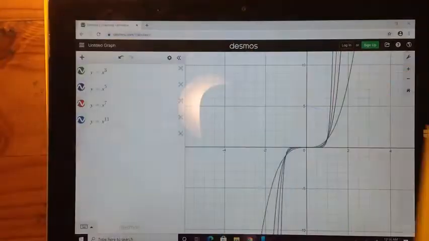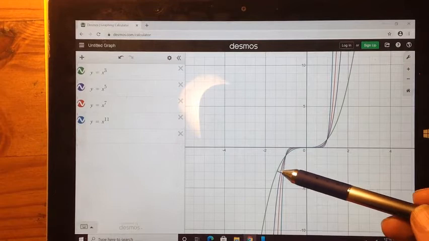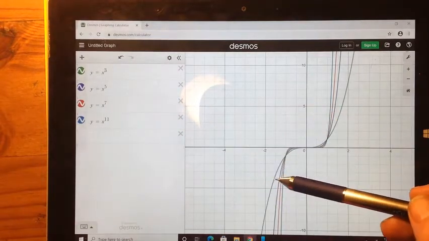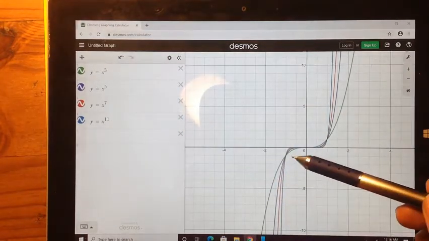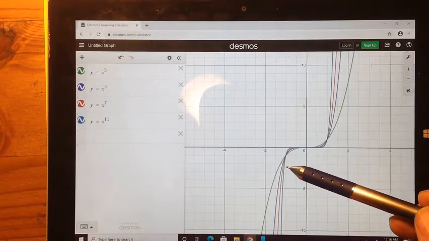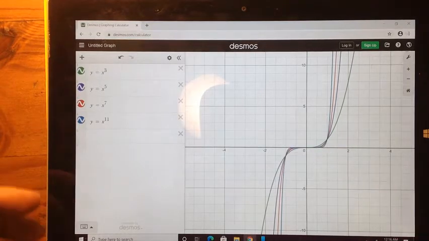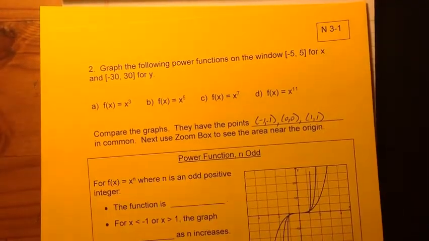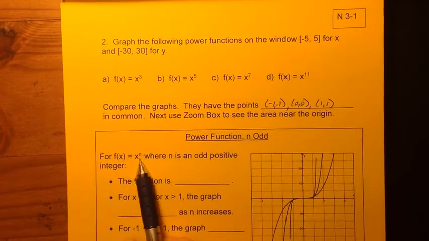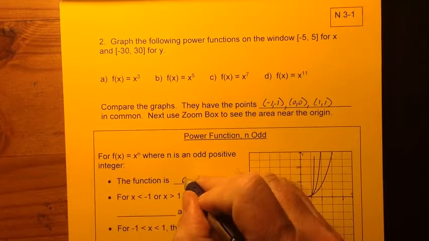Okay, so once again you can also see that as I get a higher power, it gets steeper out here, and a higher power also makes it flatter as it passes between negative 1 and positive 1. So we're going to fill that in here. First of all, for x to the nth power, where n is an odd positive integer, the function is an odd function.